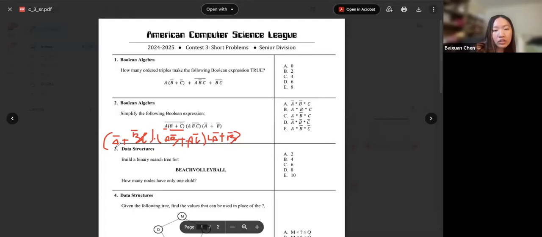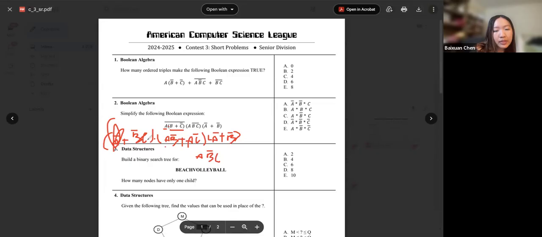So first, let's distribute this times this. And notice how it's not A times A, which always evaluates to 0, and same with this one. So then we can just get rid of this not A. And then similarly, we have not B times not BC times A not B. So this one we will need, so it's A not BC.